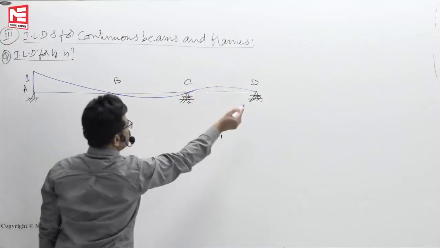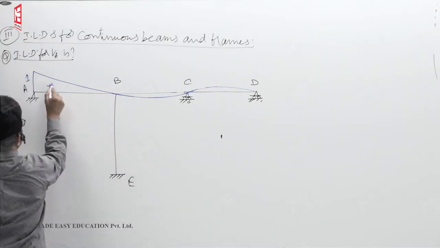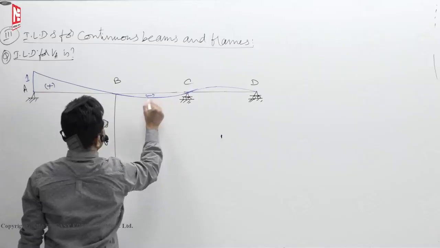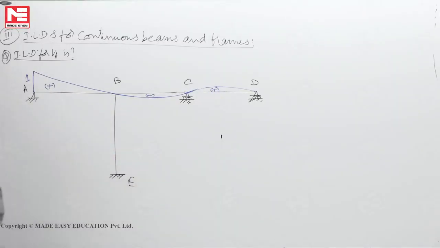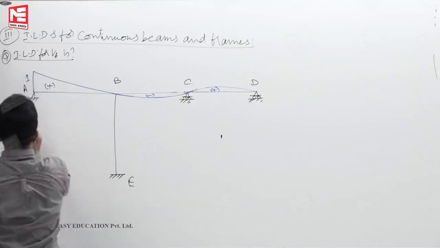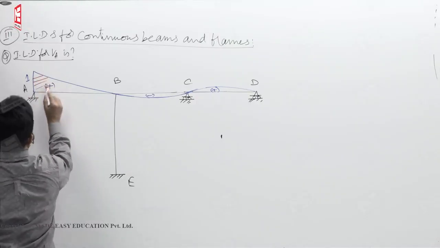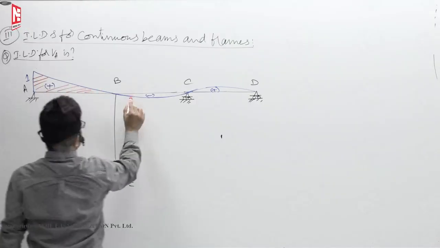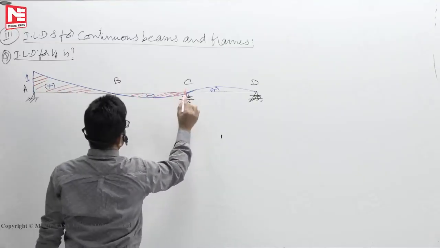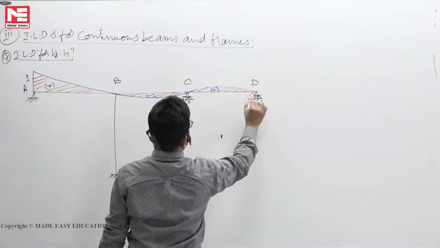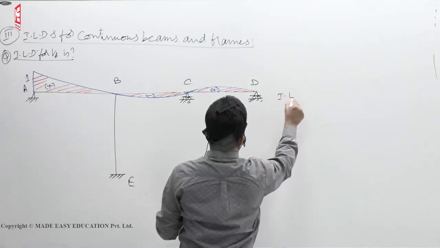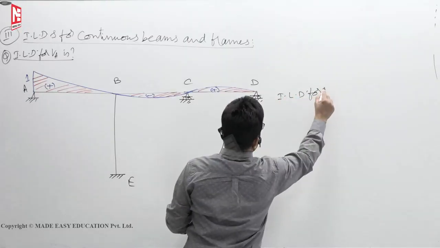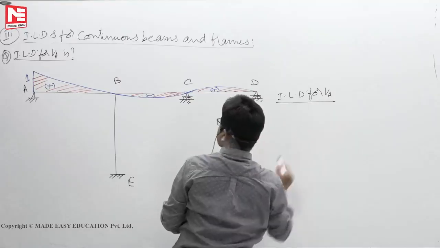So a smooth curve is drawn. This is positive, negative, positive. Now this is the influence line diagram for VA, the ILD for vertical reaction at A.